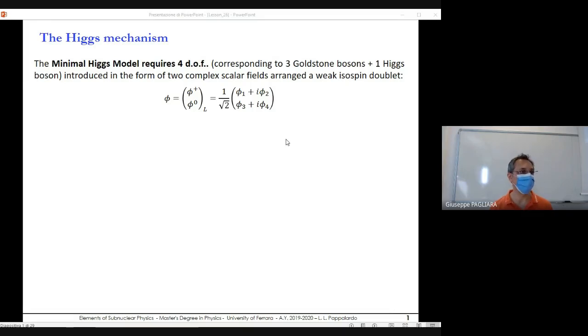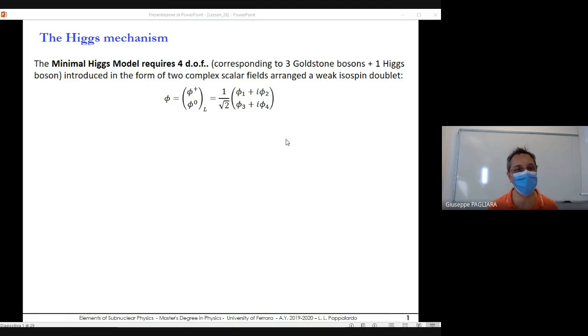Okay, where the Lagrangian maintains its symmetry, but the current state of the theory does not anymore. So we started with the simple case of a real scalar field. Then we moved to the more complicated case of a complex scalar field, okay, in terms of phi1 and phi2. And then we introduced the real Higgs mechanism that acts on the gauge theory of the Electroweak interaction, which requires 4 degrees of freedom. Okay, so let's start from here now.